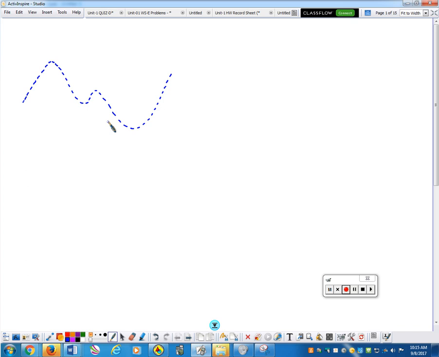Now, here are some things that can cause discontinuities. You can have what we call a hole, or a removable discontinuity, and here's what happens. The function's just doing its thing, and then suddenly there isn't a point. It's just not there. That's a discontinuity because there isn't a point. And then the function continues.